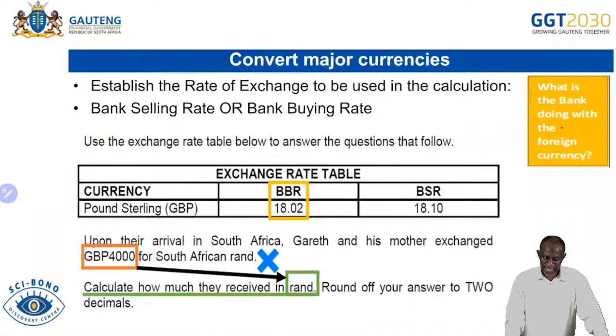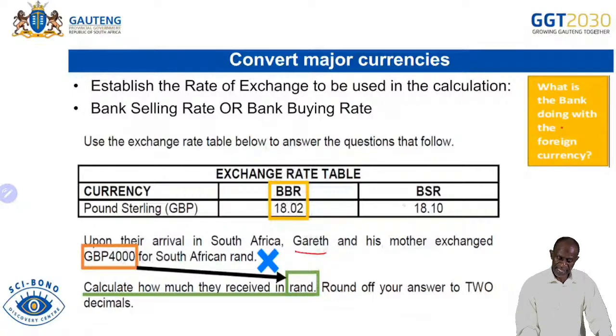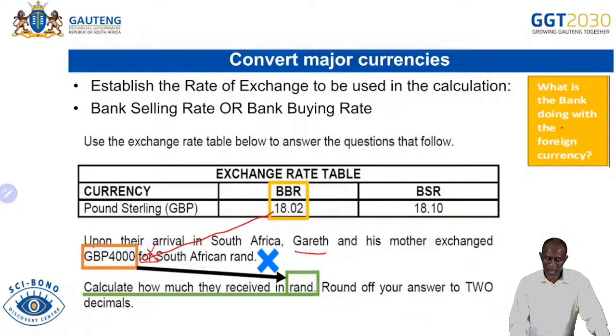In this regard, because the bank will be buying foreign currencies that were brought to South Africa by Gareth and his mother, we will use the bank buying rate, not the bank selling rate. So the bank here buys the 4,000 British pounds from Gareth and his mother.